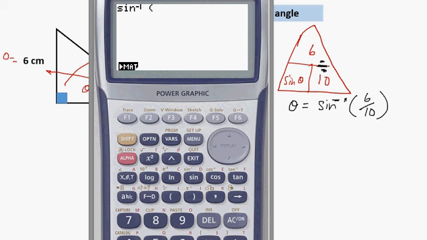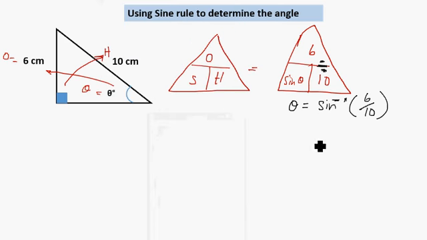Now you use bracket, you can press 6 divided by 10, or you can use the fraction button, either one of them will work, and therefore the answer is 36.869. I can round off my answer, so this will become 36.87 degrees. So angle is 36.87 degrees.